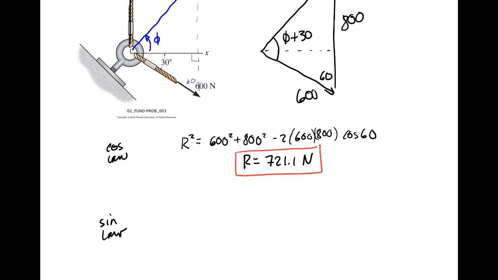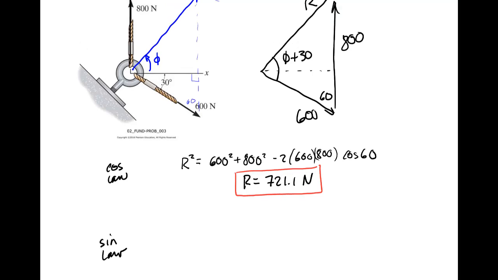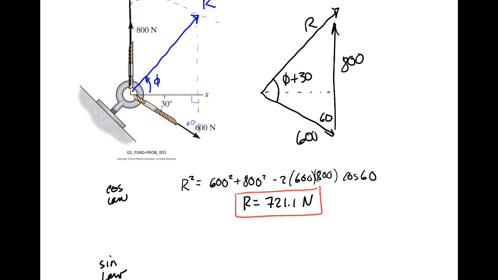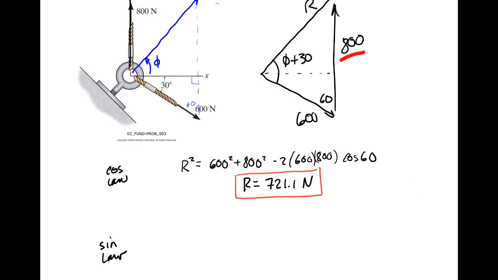All right, in this case, I'm going to say that the 800 is going to be opposite this angle, and now that I have this resultant, I'm going to say that that's opposite that angle. So let's just do the sine law: 800 over the sine of phi plus 30 is going to be equal to R, which is our new value, over the sine of 60 degrees.